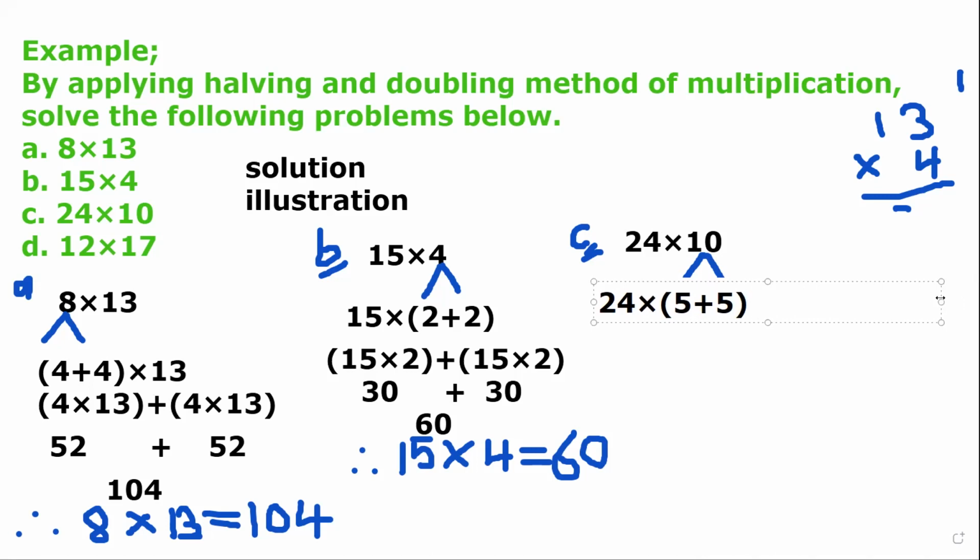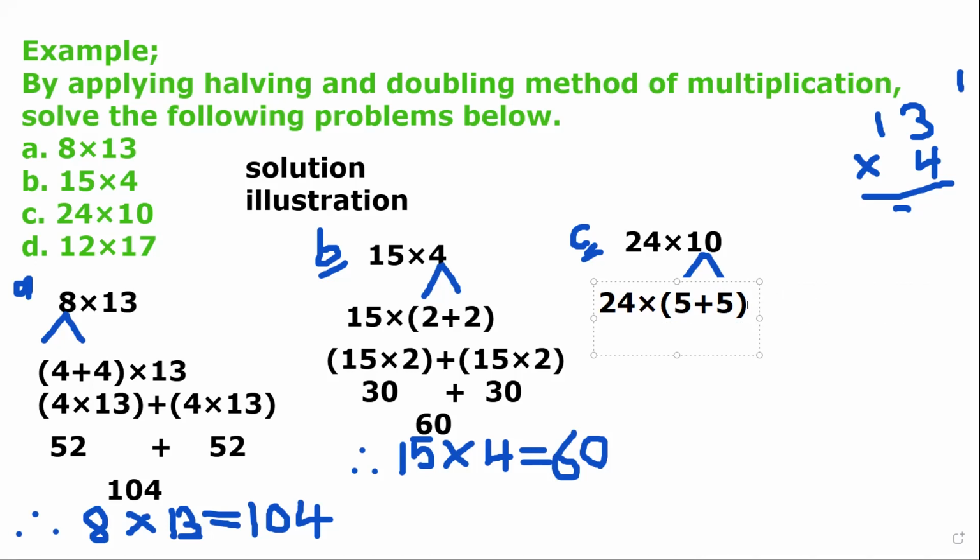Good. Now, when you finish with the 5, then you are going to use each of the half here to multiply the 24. So when you take the 5, use it to multiply 24 in a separate bracket, and then you take the other half, which is 5, to multiply another 24 in another separate bracket here.